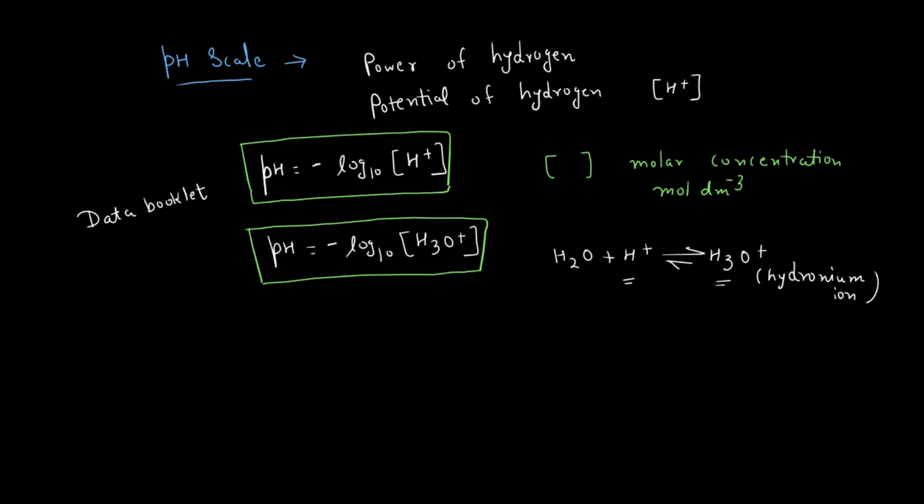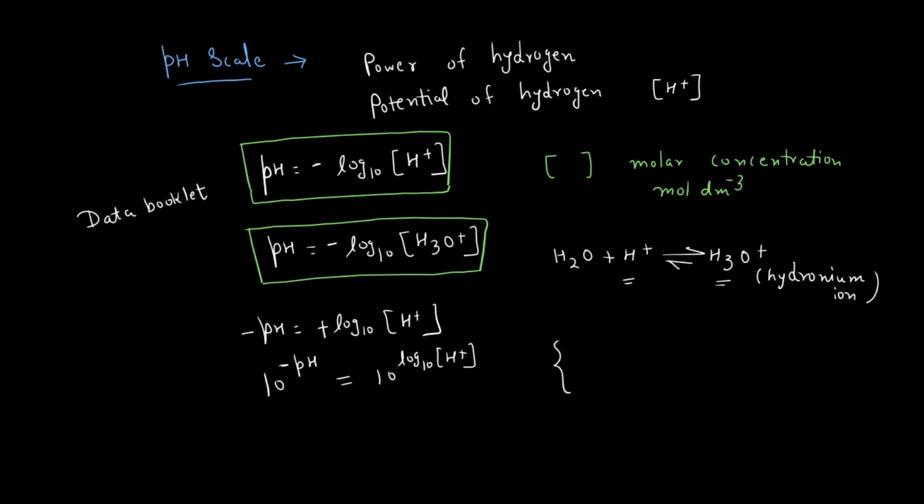Now the other thing is that from this pH formula, pH is minus log to the base 10 of H plus ion concentration, I can take the minus sign on the left hand side, and then I can take 10 to the power of both the sides. Then I will get 10 to the power minus pH equals 10 to the power log to the base 10 of H plus ion concentration.